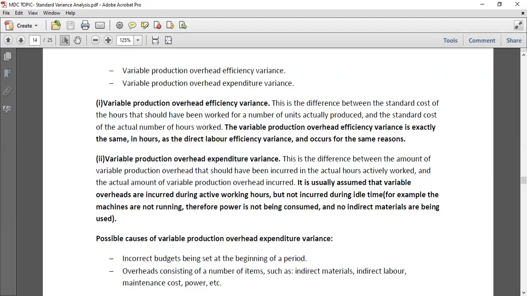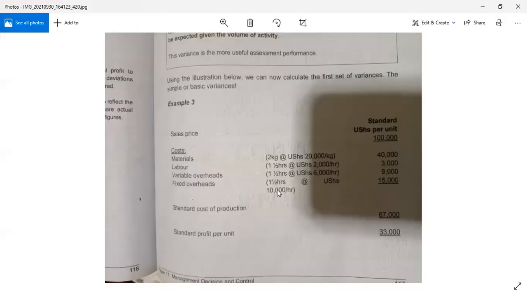Now, when you look at your costing statement right here, remember they told us that even variable overheads at what? They are 1.5, it should take 1.5 hours at what rate? At 6,000 per hour. So we're able to get the rate from here, okay?